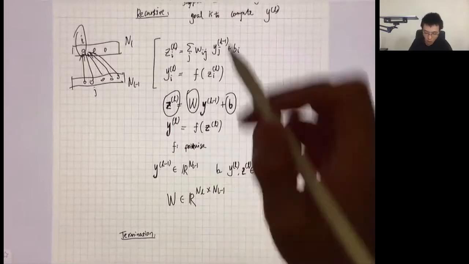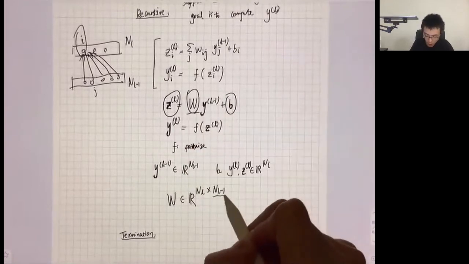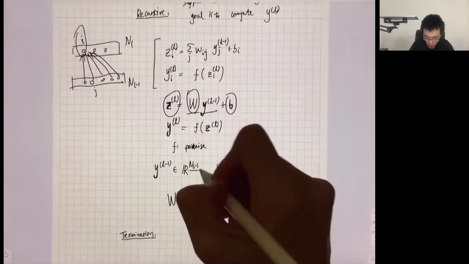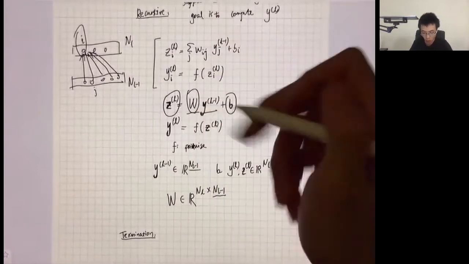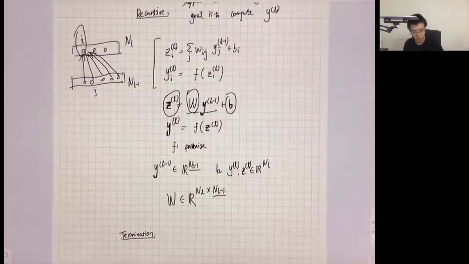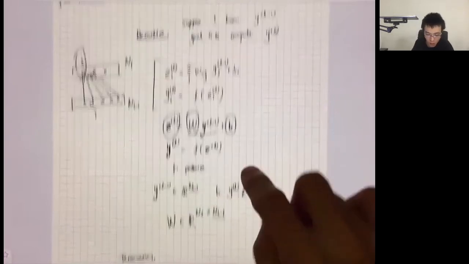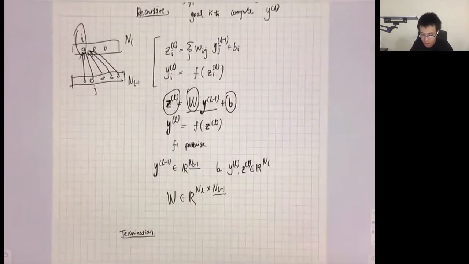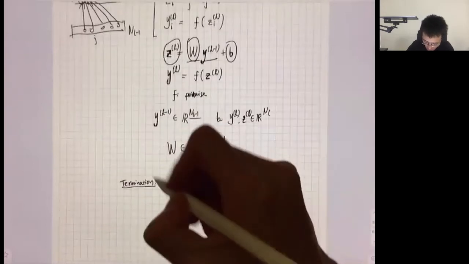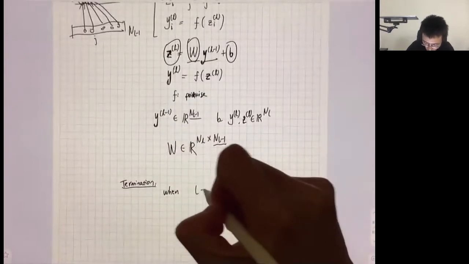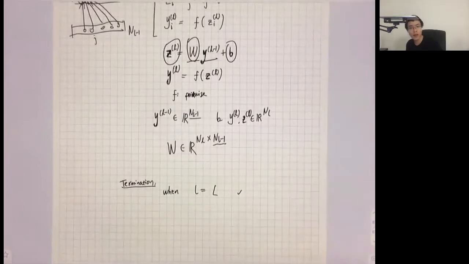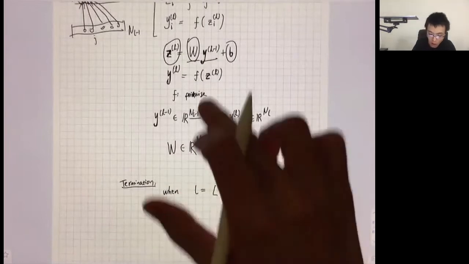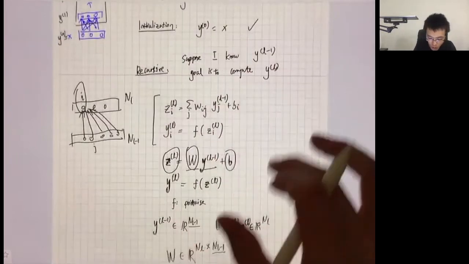If you multiply NL times NL minus 1 with a vector of NL minus 1, it gives you a vector of NL, then it gives you Y. So this is the recursion, and termination when L equals capital L. It's trivial, but in an algorithm, you must make sure your algorithm terminates at some point. So the forward propagation is done.